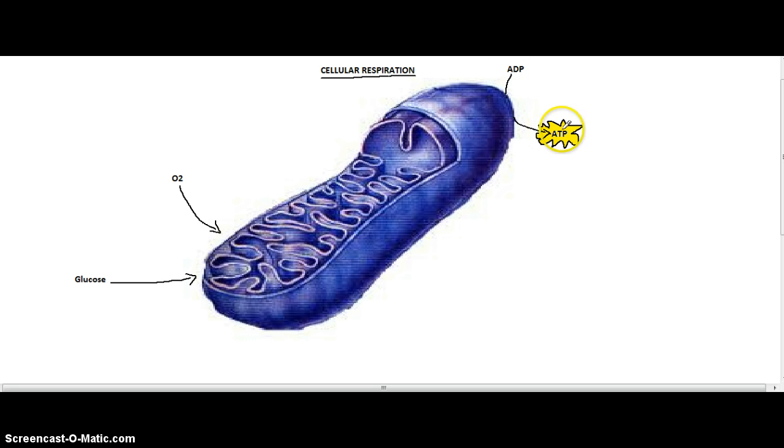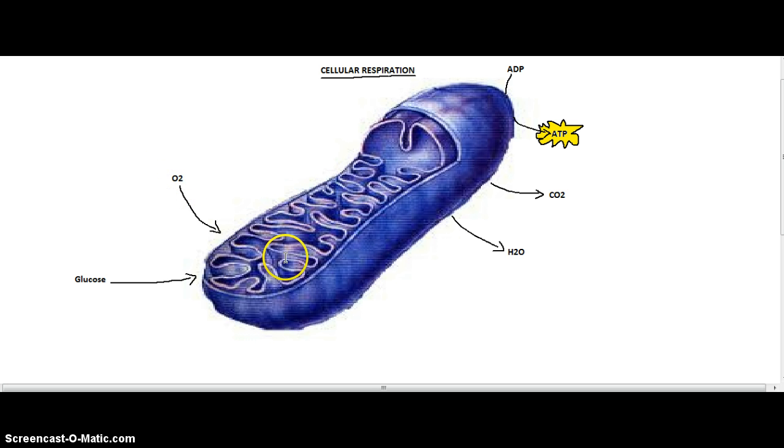Well, ADP is converted into ATP, but also you have carbon dioxide as a waste product, and another waste product is water. Okay, so you have byproducts of cellular respiration, which are carbon dioxide and water, and it also makes ATP.